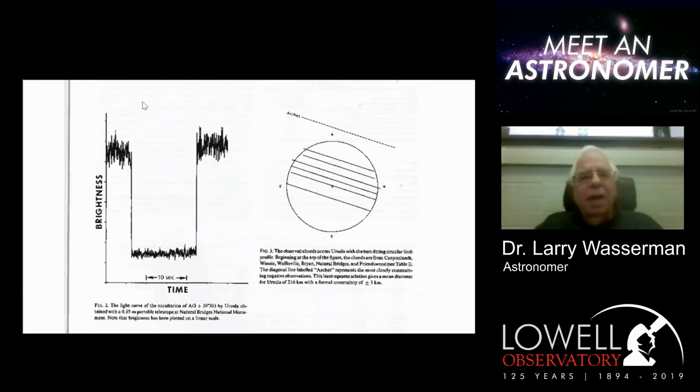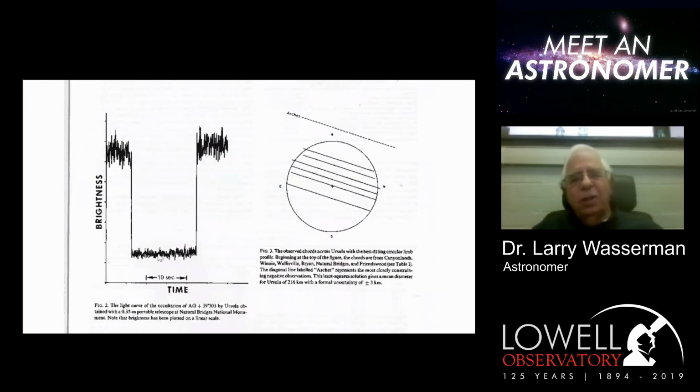As the star and asteroid approach each other, their light combines, and what you get is this noisy curve as the star and asteroid scintillate in the Earth's atmosphere. And then as the asteroid finally reaches the star, it blocks the light of the star, and the light intensity drops abruptly, basically instantaneously.